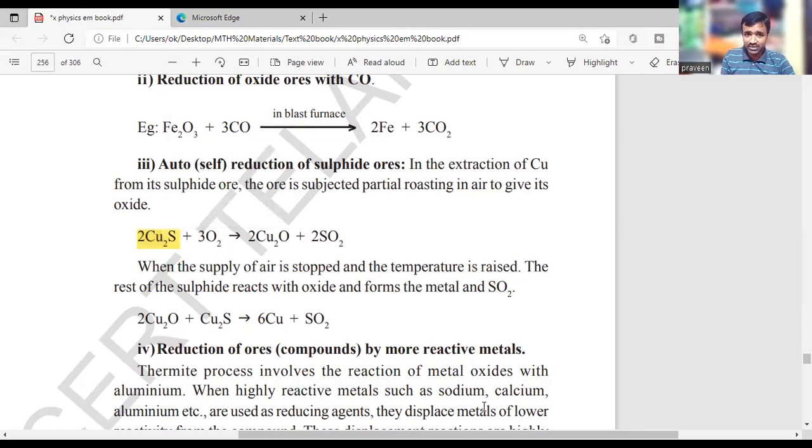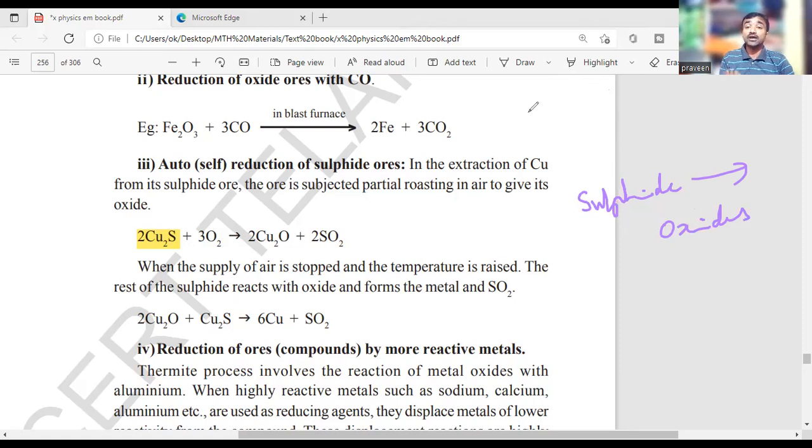Okay, this method is suitable especially for copper sulfide, Cu2S, right? So why is it called self or auto reduction? Here, sulfide ores are converted into oxides in the roasting process. What is the roasting process?